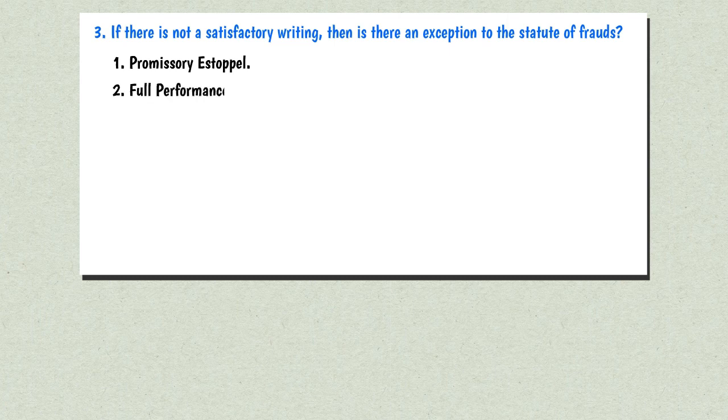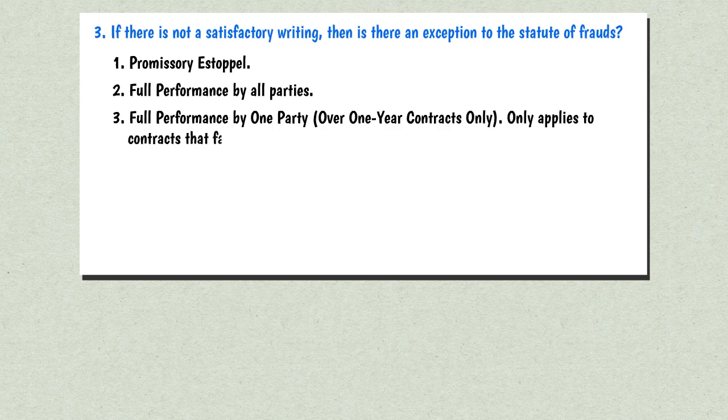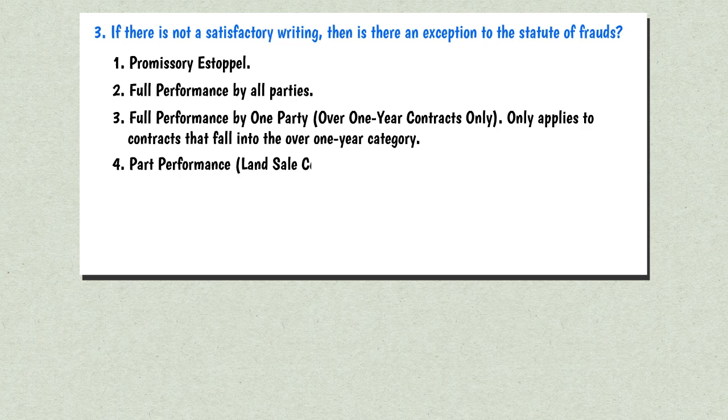The second is full performance by all parties. The third relates to contracts that fall into the over 1 year category, where one party fully performs a contract that cannot be performed within a year, then this exception applies. Fourth, part performance relating to land sale contracts.